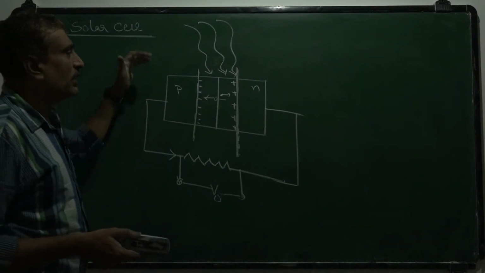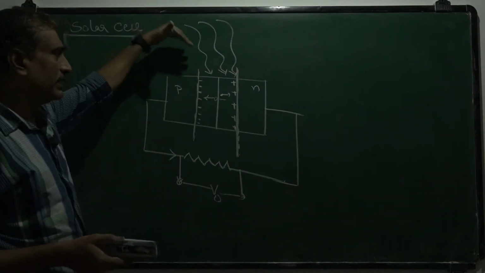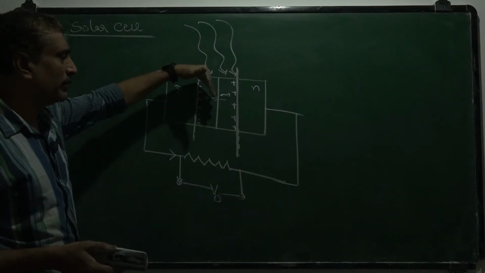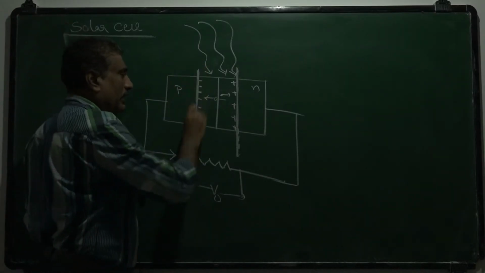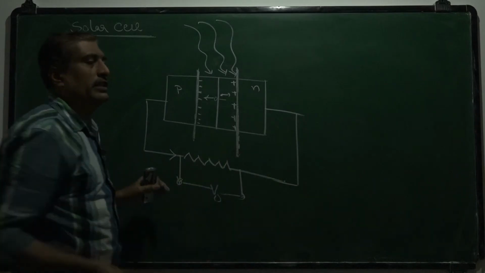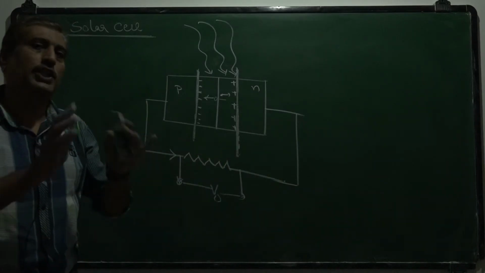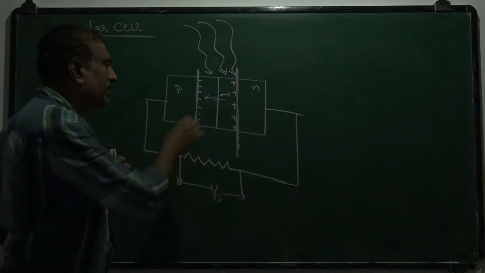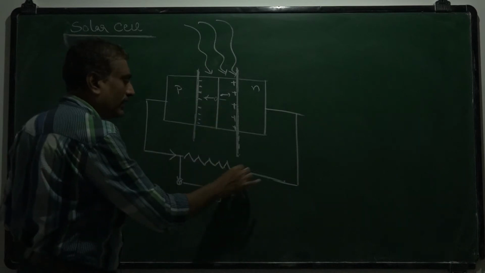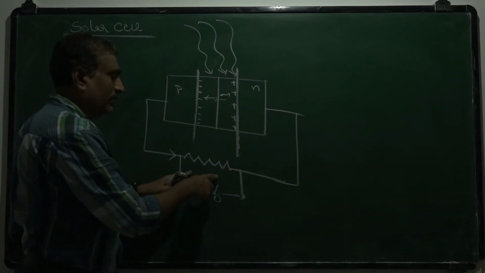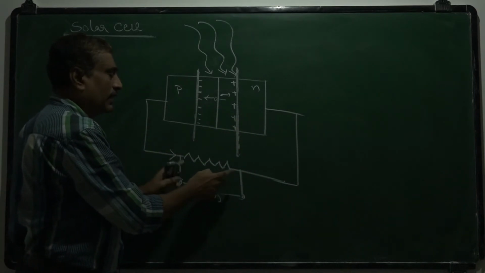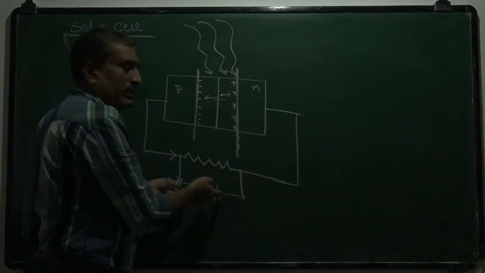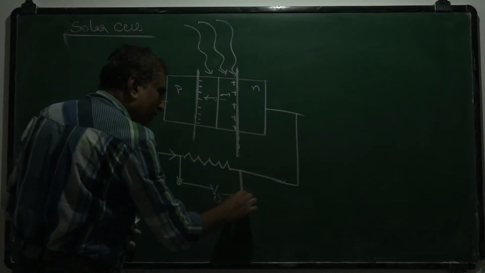In this case also, when light is made to incident on this depletion layer, electron hole pairs are generated which drift in opposite directions and induce an EMF. A resistance is connected parallel to this, or it is open circuited, and then the output is taken from this one.